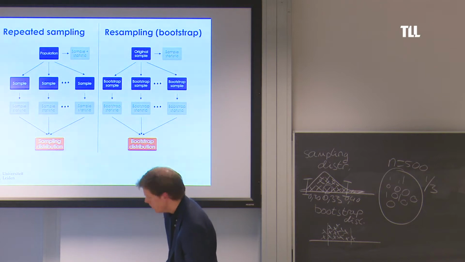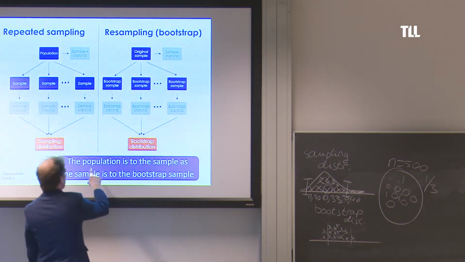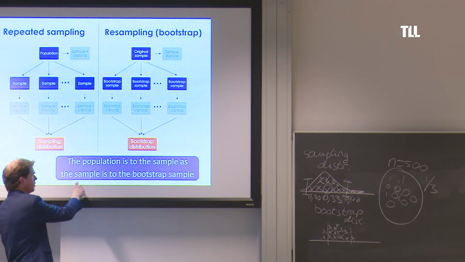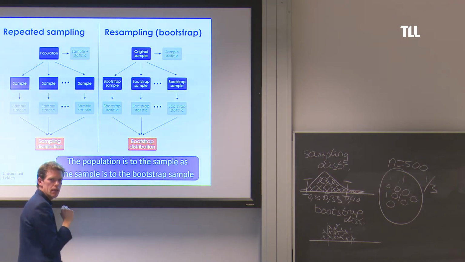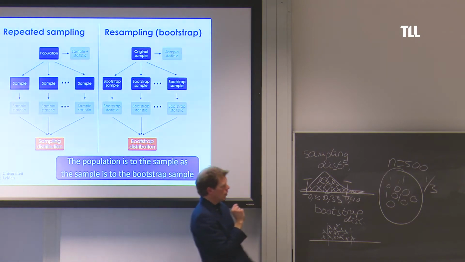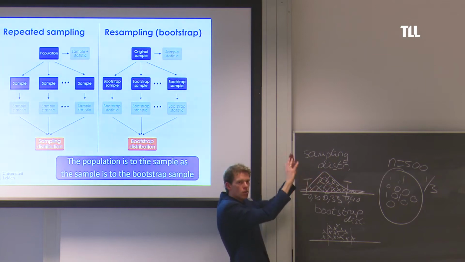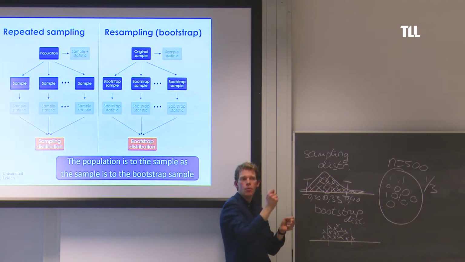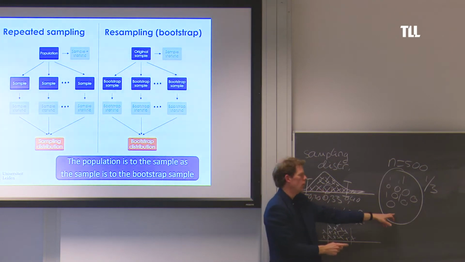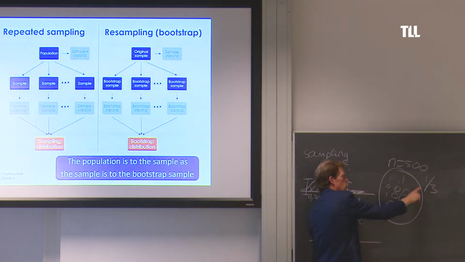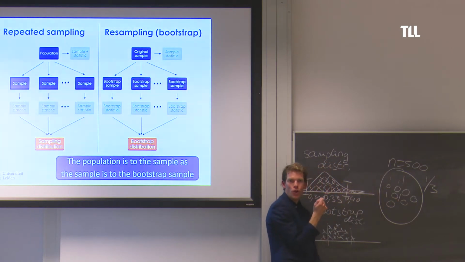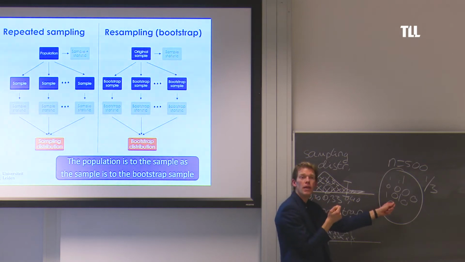And what we say is, and I have a slide somewhere, the population is to the sample as the sample is to the bootstrap population. What we did here was, we have our population, and we draw a sample out of it. What we do over here is, let's assume that this is my population, and draw a sample again of 500, but now with replacement.